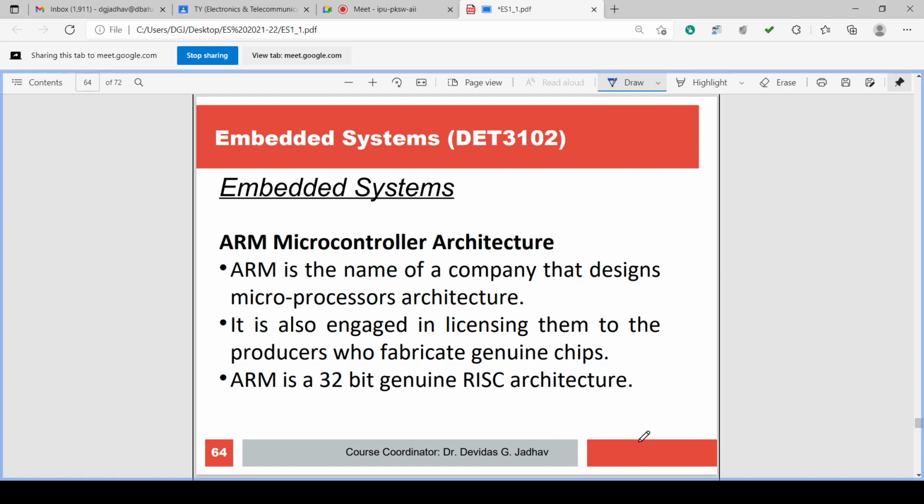What about the next? ARM microcontroller architecture. We are seeing different types of microcontroller architectures: the Intel based 8051, then PIC, then ATML, then ARM.